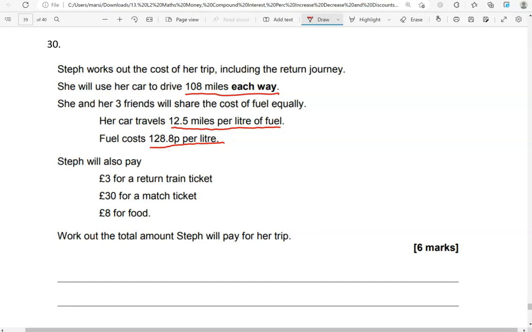So that is 108 miles each way. So 108 and 108, that is 216 miles. Her car does 12.5 miles per litre of fuel, so if we divide 216 by 12.5, it should give us how many litres are needed.